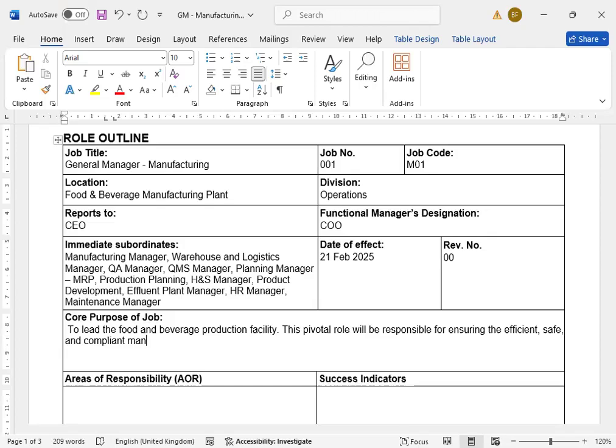So they always comply with the standards like ISO 22000, managing the risk, food risk, things like that.